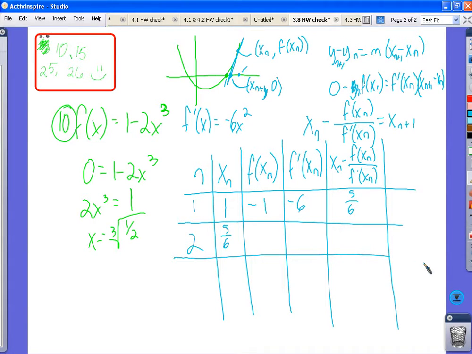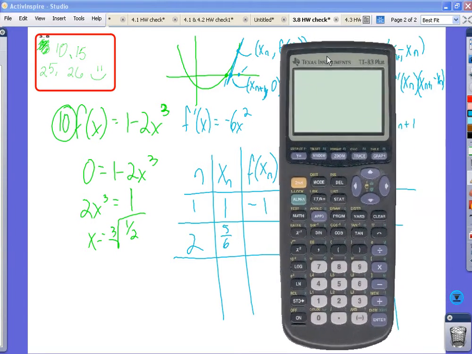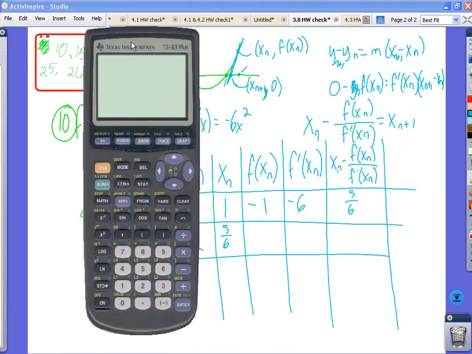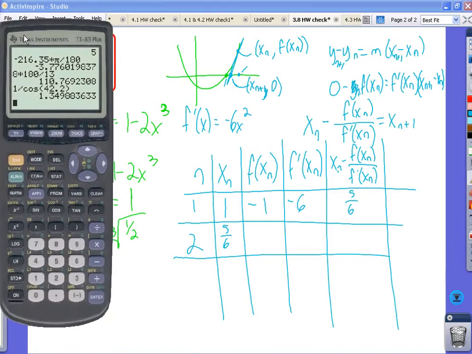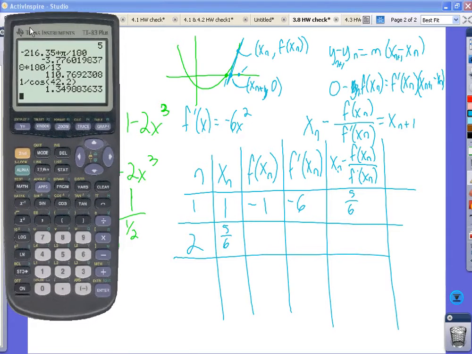And now it might be helpful to just grab the old calculator and calculate these things quickly. So f is 1 minus 2 times x cubed. So 1 minus 2 times x, which is 5/6, cubed.